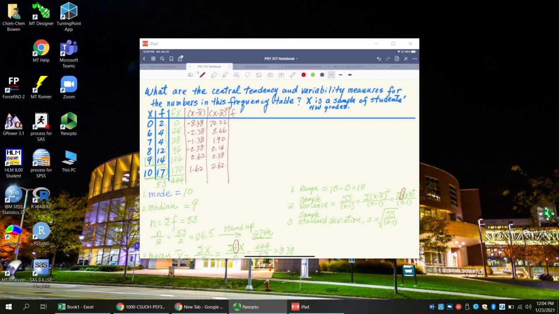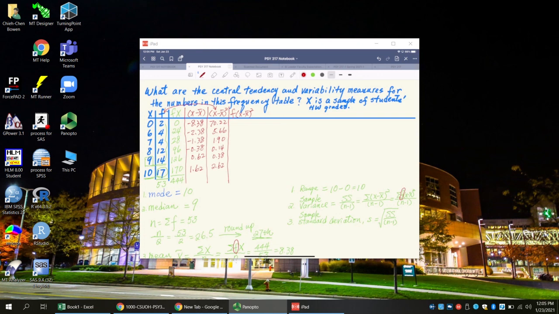Consider the impact of frequency. Frequency times x minus x bar squared. That's when you have to grab f right here and x minus x bar squared right here. These two columns, the values of these two columns, you do multiplication.